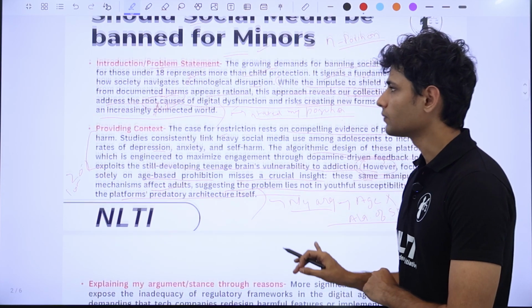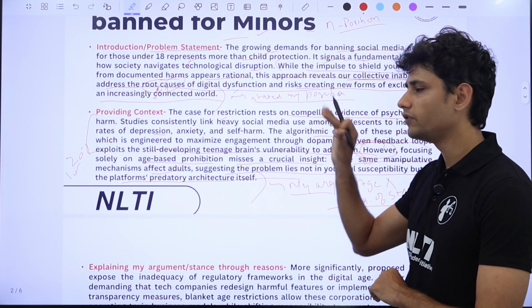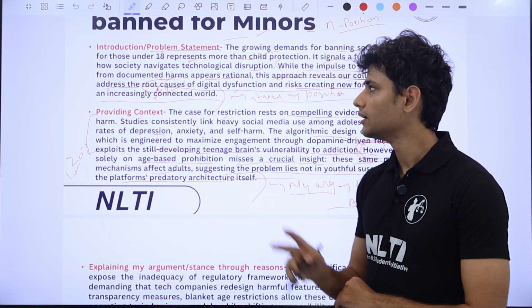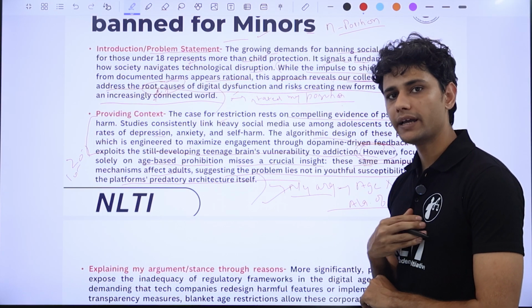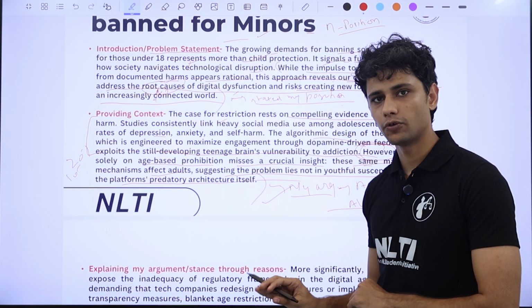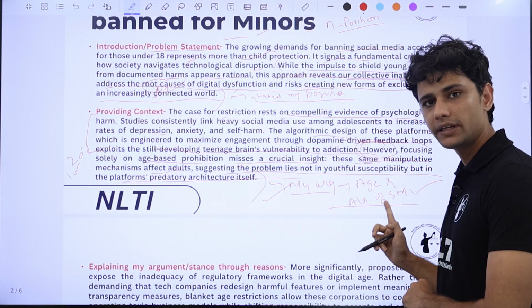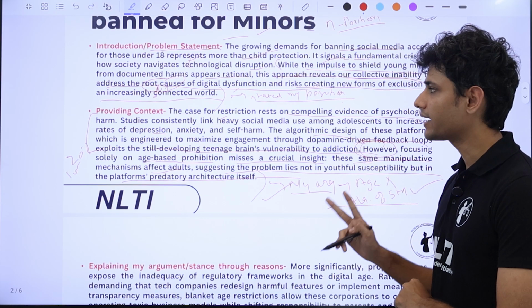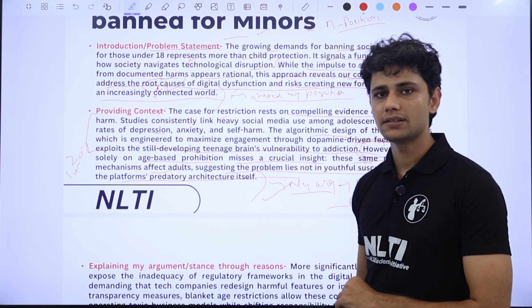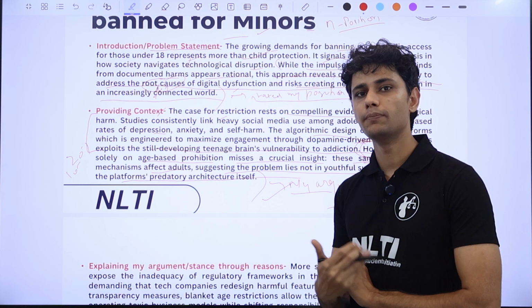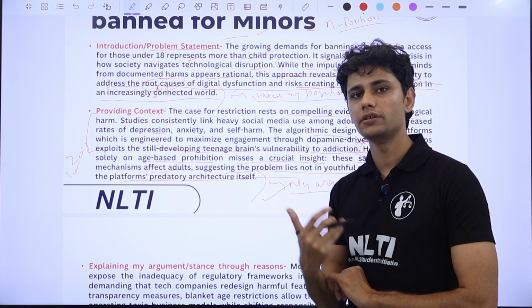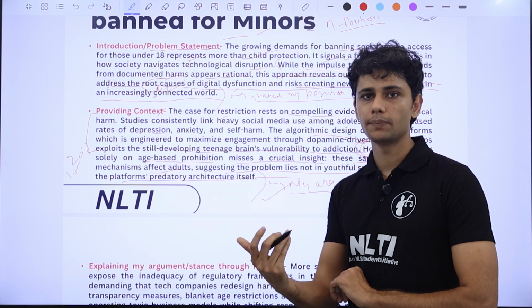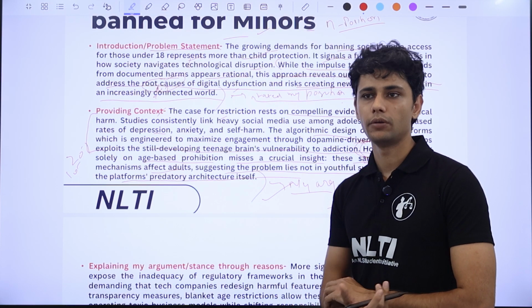But by now, in these first two paras, I hope we have taken two important takeaways. First, having a problem statement, which is my argument. What is it that I'm trying to put forth and what my claim is? We have already identified that. Second, providing context and considering viewpoints as to why this topic is even being discussed and what could be potential reasons for people to propose a ban of social media on minors.